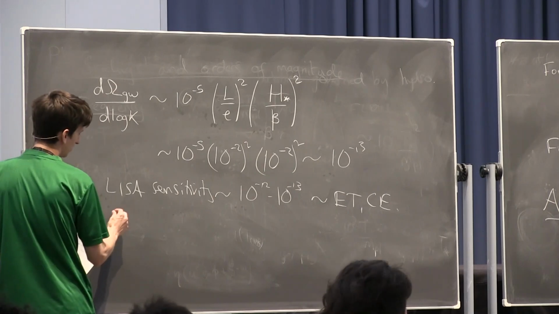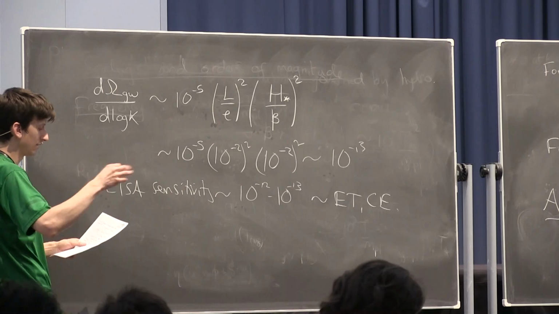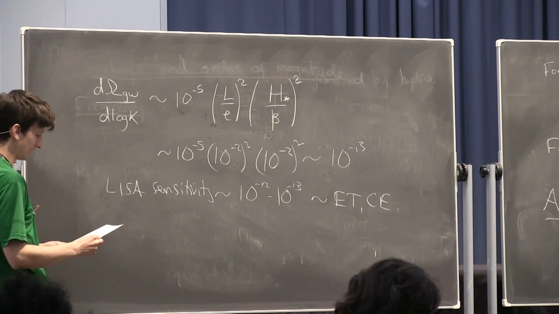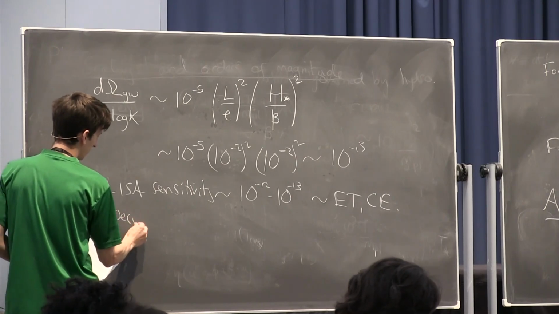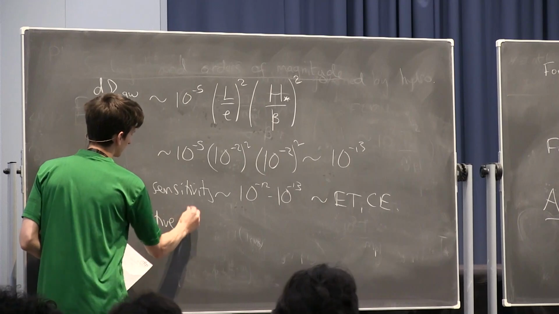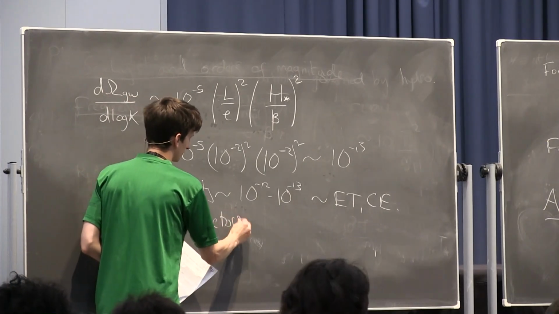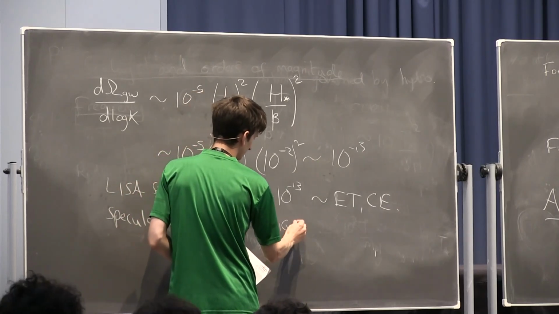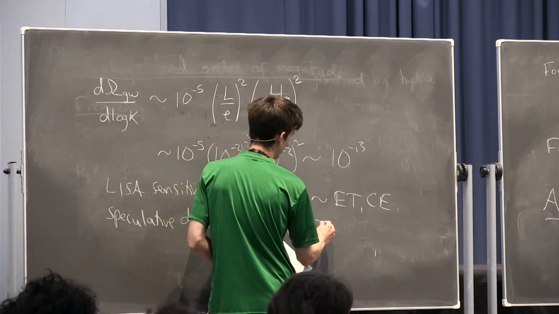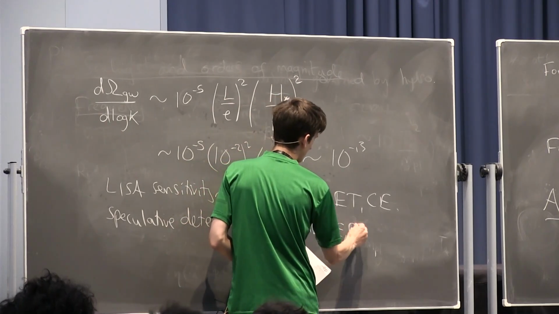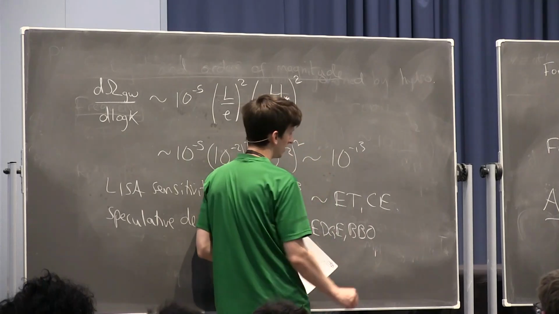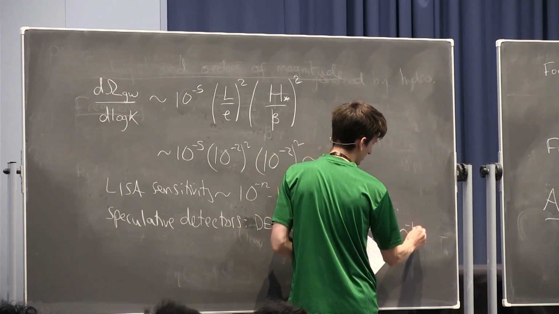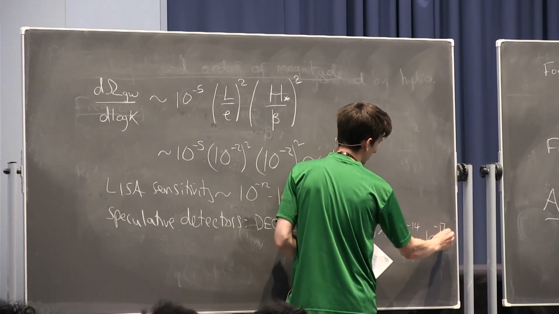But if you look at more future projections of more speculative detectors, like DECIGO, Edge, Big Bang Explorer, stuff like this, their sensitivity is quoted in the range of, speculatively, 10 to the minus 14 to 10 to the minus 17, depending on which one we're looking at.